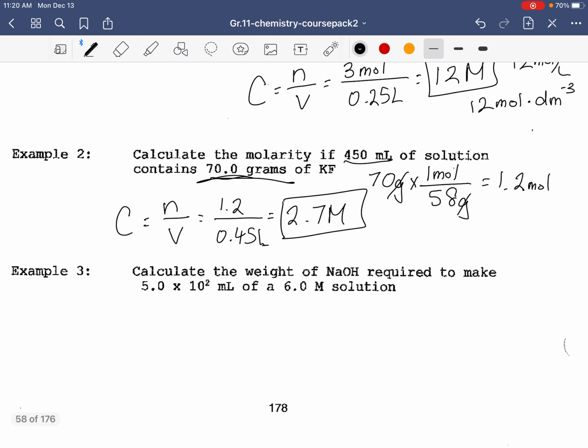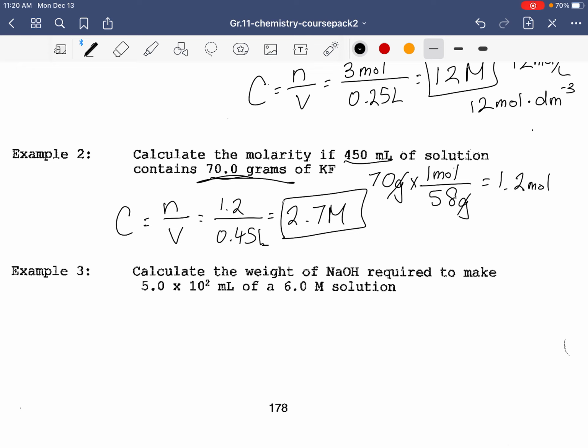All right, so let's do one more example, and I think you get the point. Here it is, question 3. Calculate the mass of NaOH required to make 500 milliliters of a 6 molar solution. All right, I mean, you're looking at mass. Obviously, the concentration equation doesn't have mass, but it has moles. And you can easily turn moles back into mass.